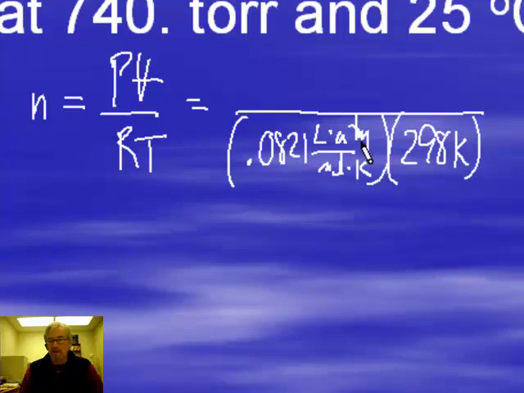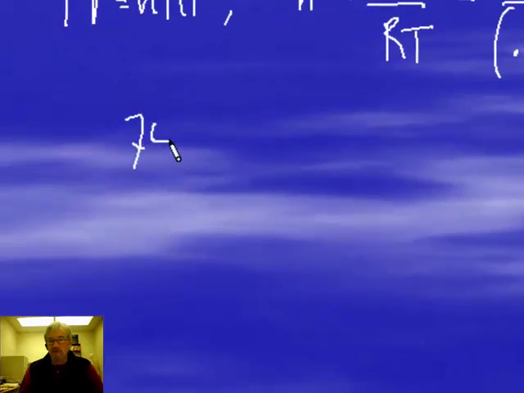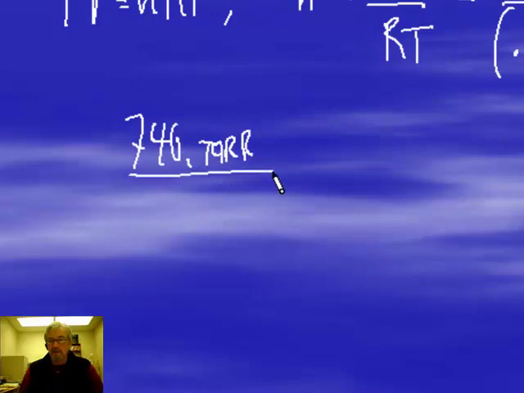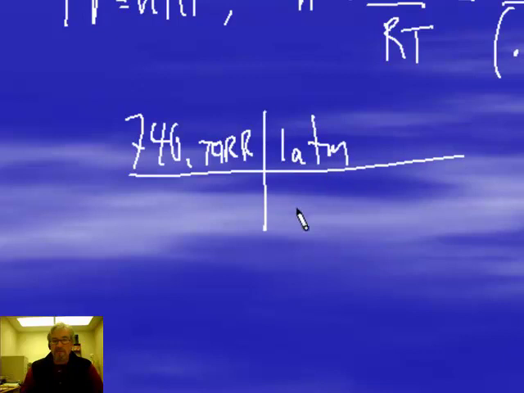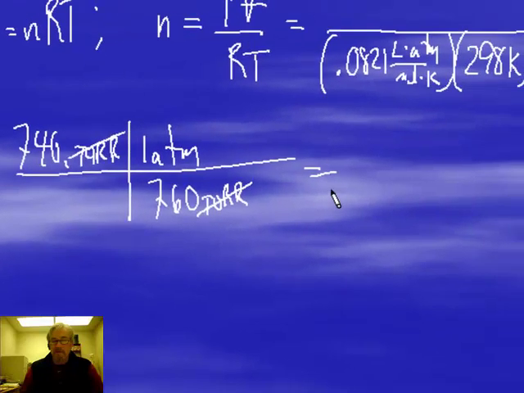So I can't put 740 torr in for pressure. I have to put in 740 torr in atmospheres. Here's how I can convert. 740 torr could be converted using this fact. 1 atmosphere is 760 millimeters of mercury, or 760 torr. So this factor will allow me to calculate what is my pressure in atmospheres. And it's 0.973 atmospheres.